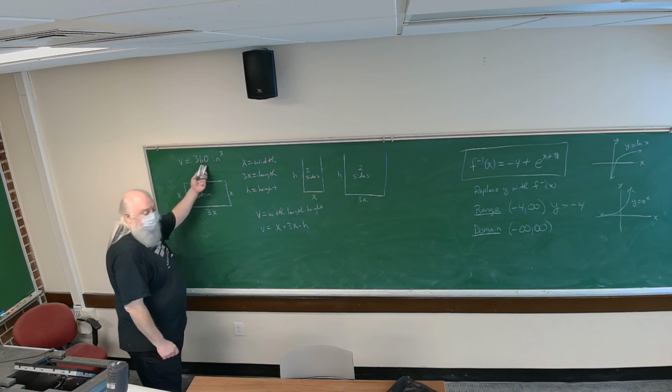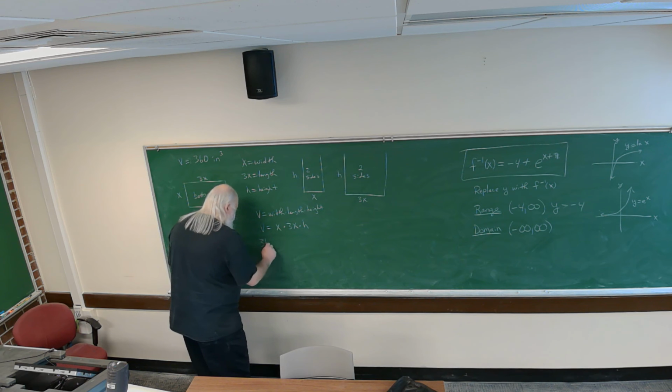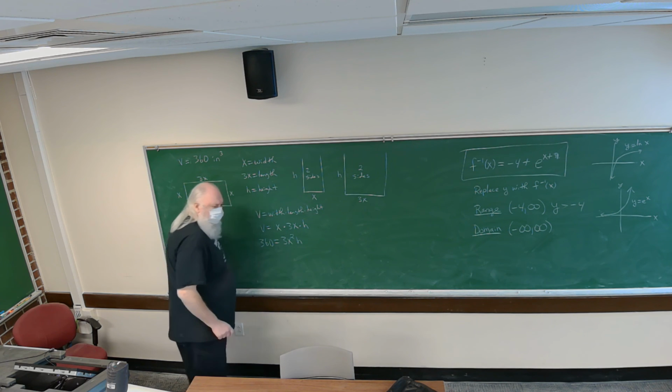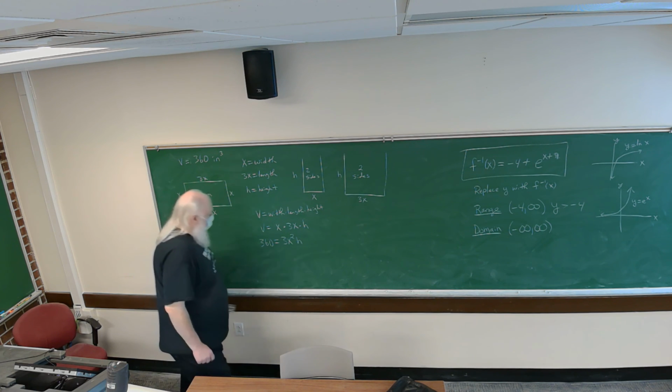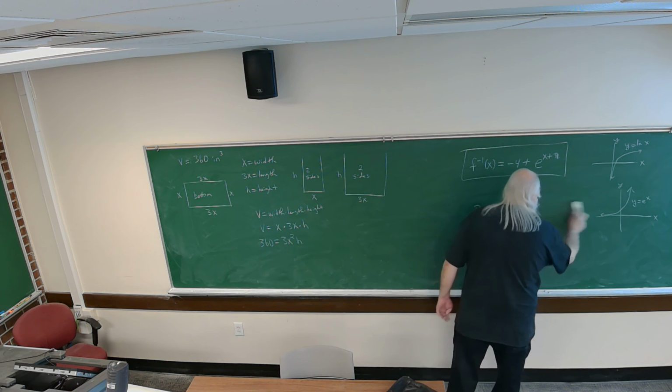Well, the volume is fixed at 360 cubic inches. And x times 3x, or 3x times x, is 3x squared, and then times the height h, right? So we can solve for h.